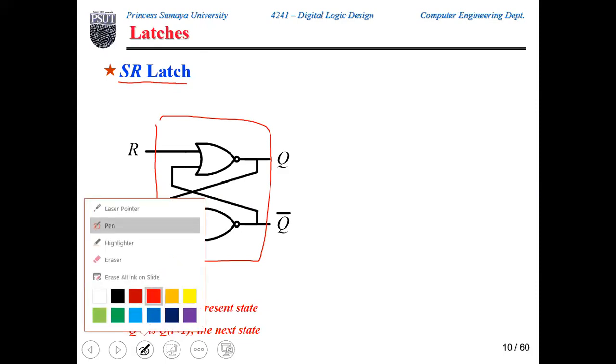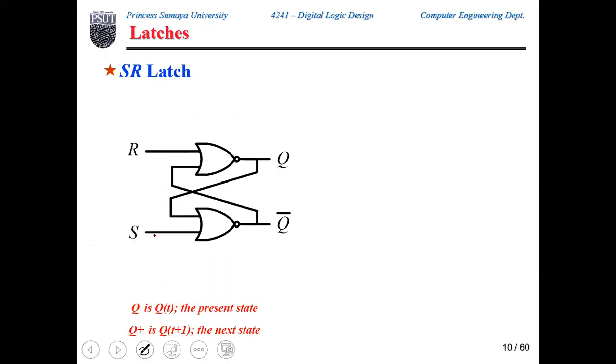Let's try to analyze this circuit by changing S and R and see what happens to Q. How will we do that? We will do that over time. We will start by saying let S equals 0, R equals 0, and the stored value initially be 0. What will happen if we set S and R to 0, 0? What will happen if we set S and R to 1, 0, and so on?